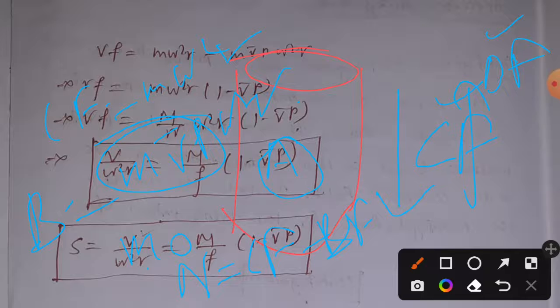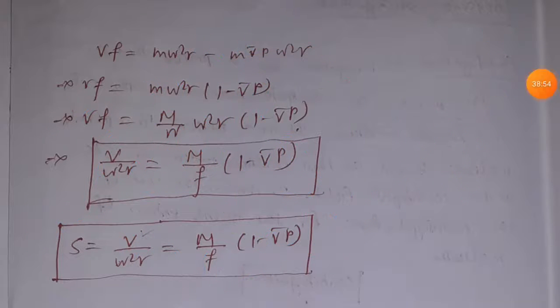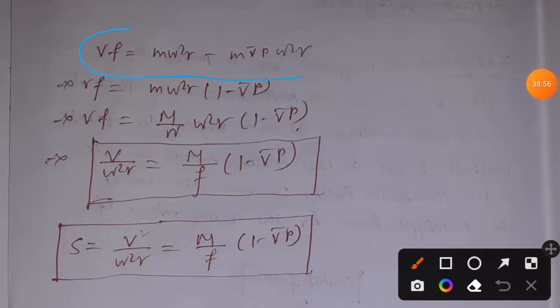As it is moving through a solvent, it will obviously experience a frictional force in the opposite direction of the net force. So the frictional force is f v. In steady state, f v will be equal to m omega square r minus m v bar rho omega square r. Taking m omega square r as common, we get m omega square r times 1 minus v bar rho.